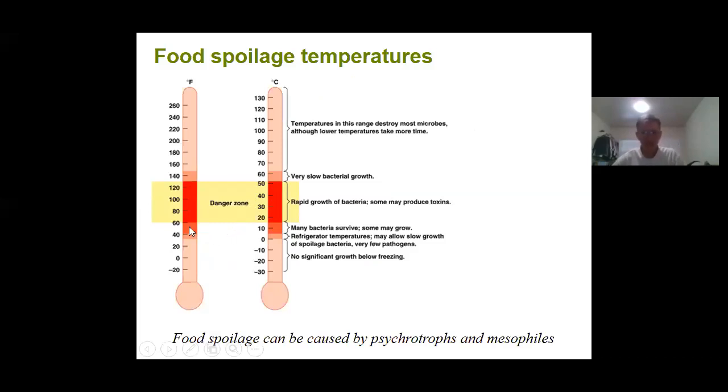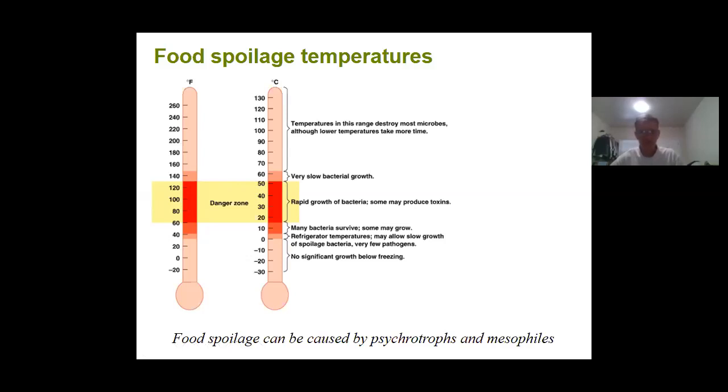And that would be 60 degrees Fahrenheit to 130 degrees Fahrenheit, where bacteria will grow rapidly. And so when you have food at that temperature, you shouldn't have it out for very long.